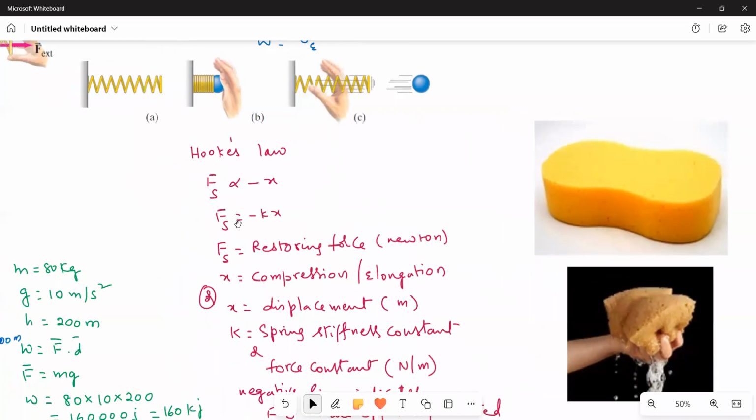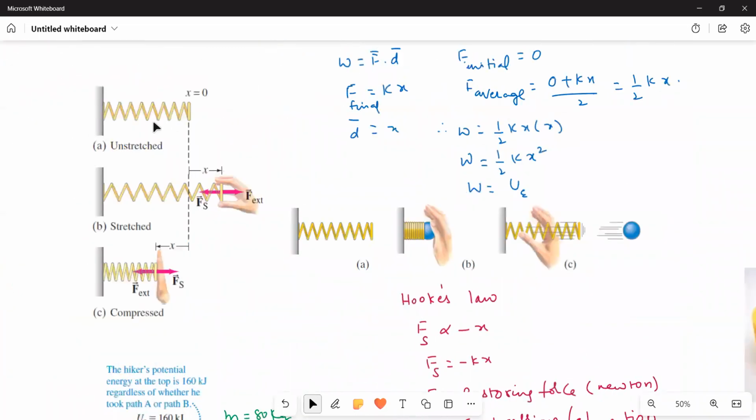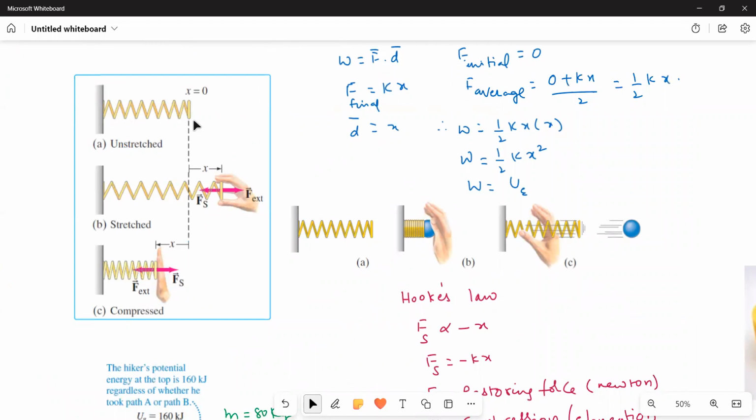Here I give one more example. See the spring here. This is the unstretched spring, so compression or stretching is 0. Next, I am pulling the spring a bit more. By the application of the force, the spring has been stretched by an amount x.